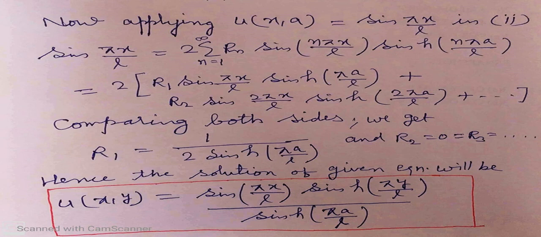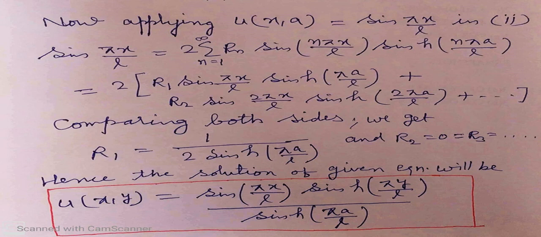Here in place of y we have put a. Simplification of RHS will give us 2 times r1 sin(pi x upon l) sinh(pi a upon l) plus r2 sin(2 pi x upon l) sinh(2 pi a upon l) plus so on.